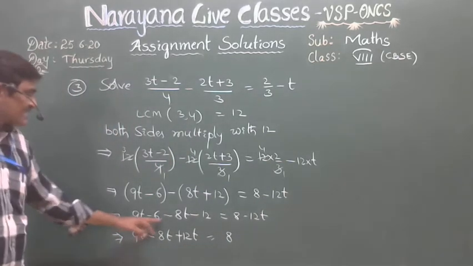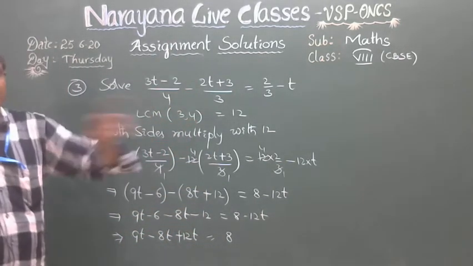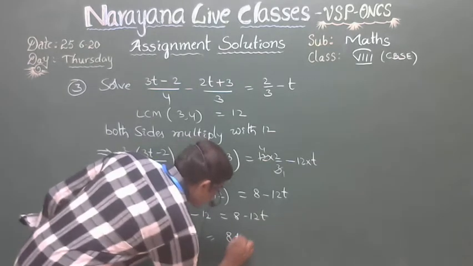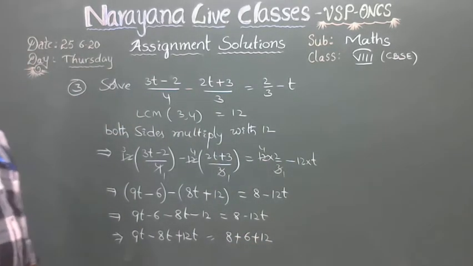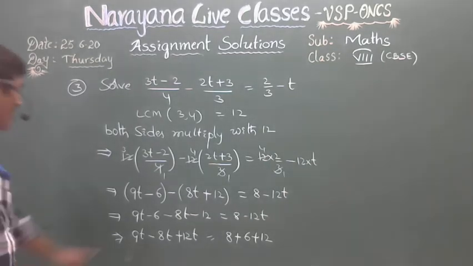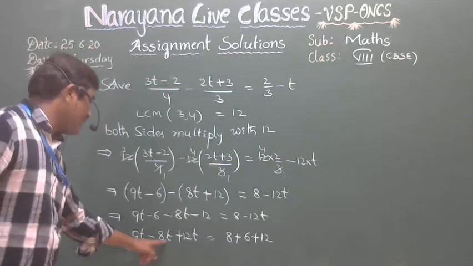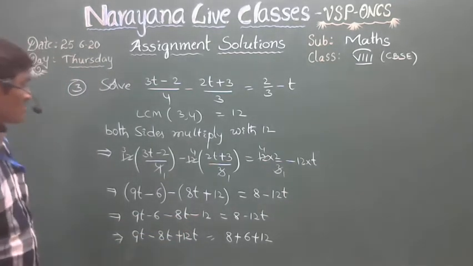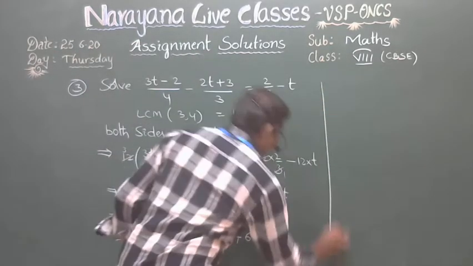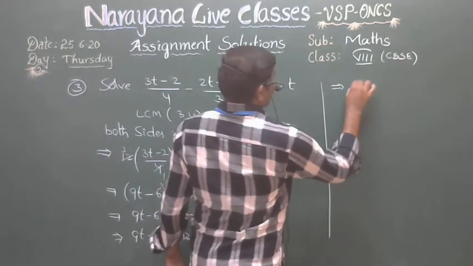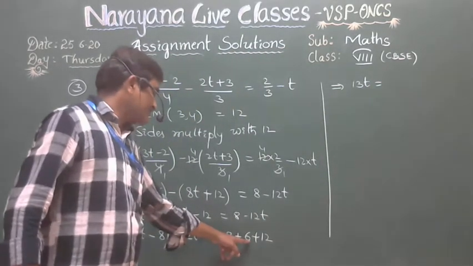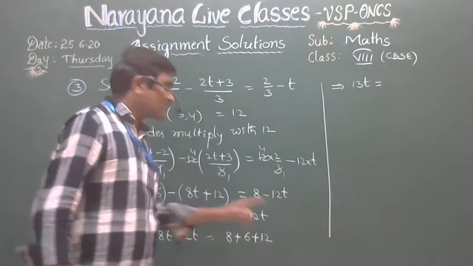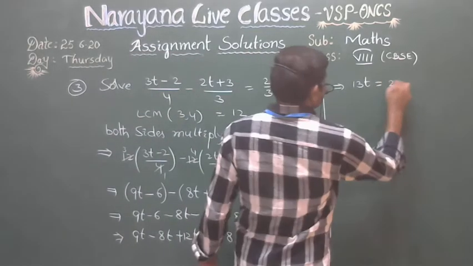Here minus 6 minus 12 will be transformed to the right side, we'll get plus 6 plus 12. Now 9 minus 8 is 1, 1 plus 12 is 13. So here 13t equal to 8 plus 6, 14, 14 plus 12, 26.